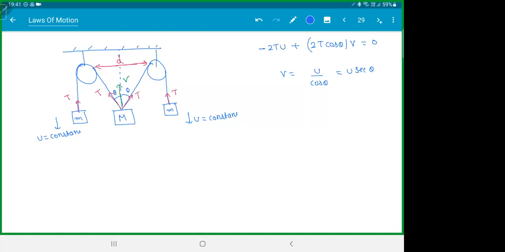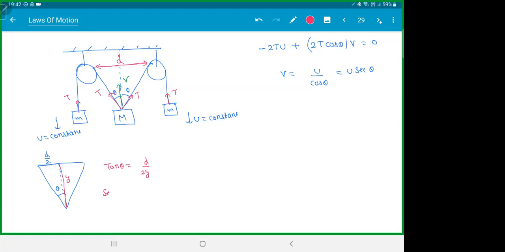And this triangle which you have, let this be theta. This guy is d by 2. And let this thing be y. So I know tan theta is equal to d by 2y.